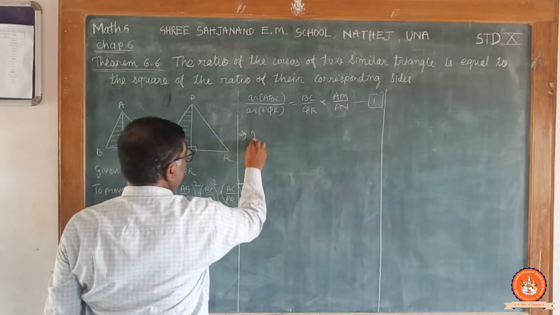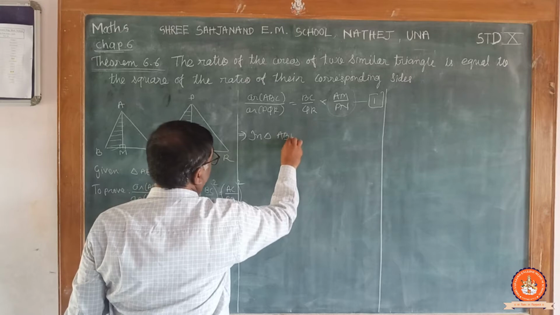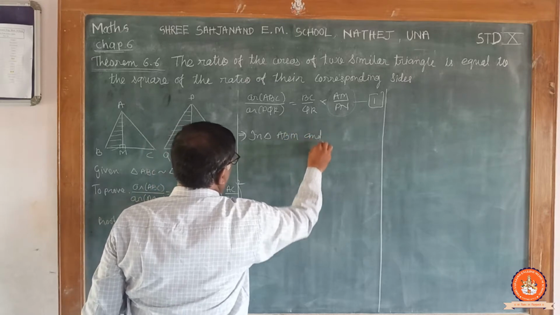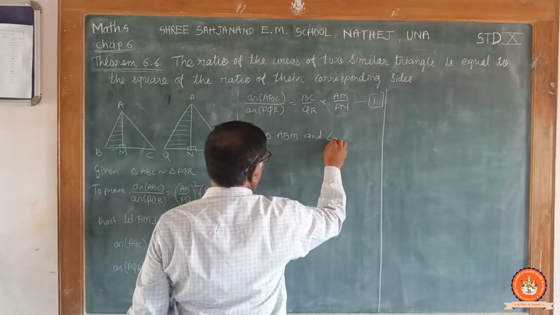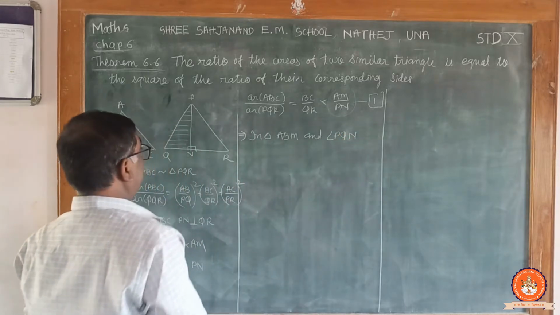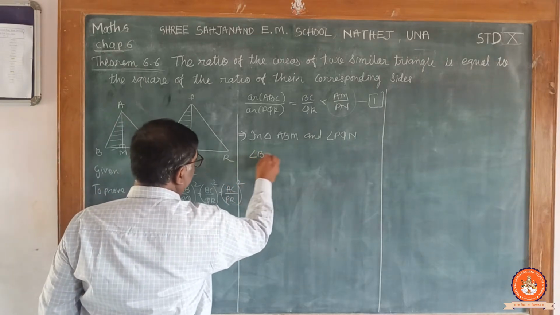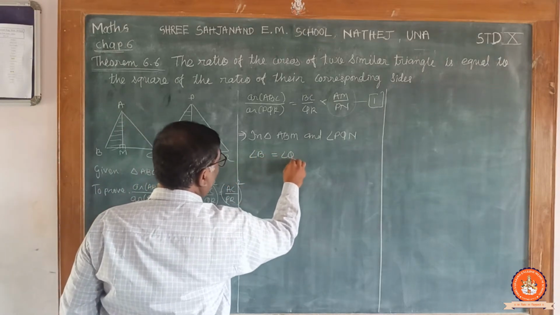So in triangle ABM and triangle PQN, angle B is equal to angle Q. Why?